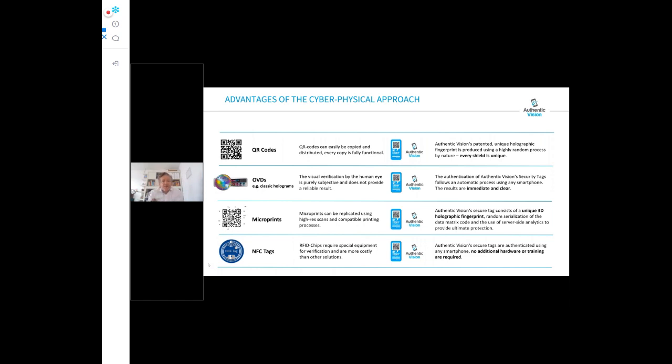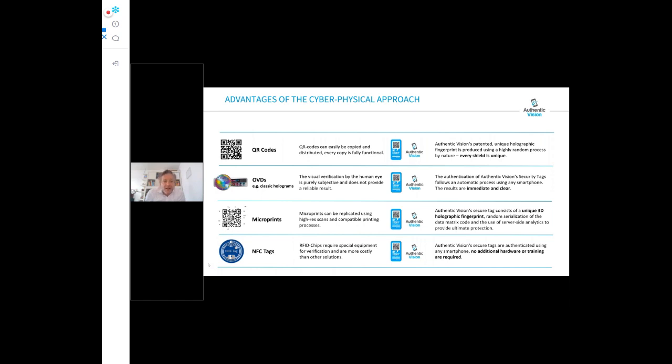They also contribute somehow to keep the supply chain clean and notice counterfeiting activity. But when it comes to authenticating one piece, then it has to be mentioned that they can be copied or cloned, while the Authentic Vision feature is unique.